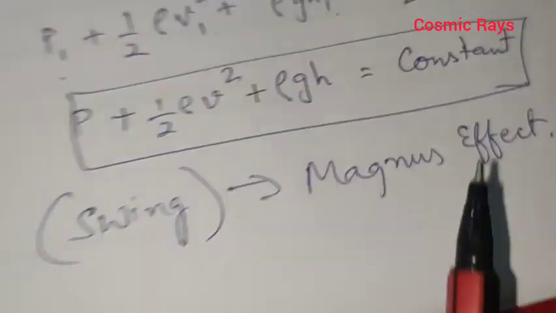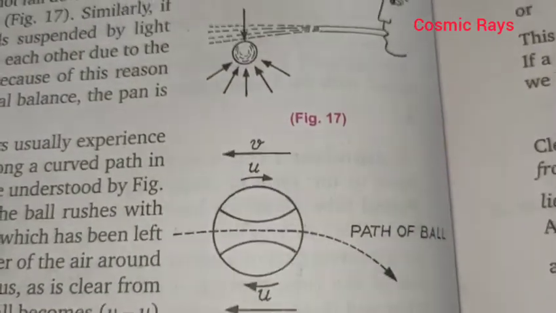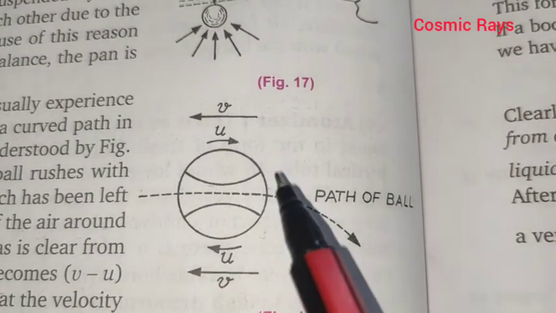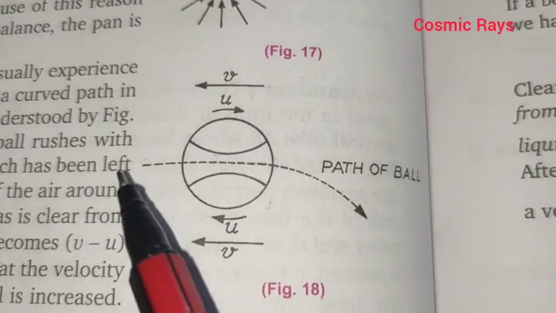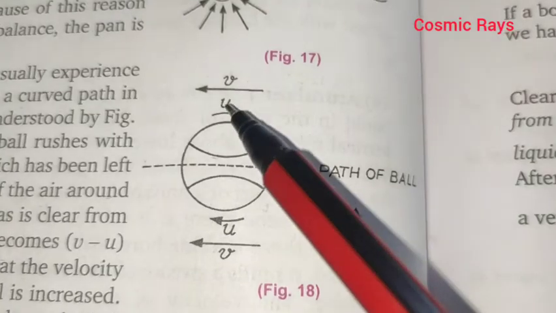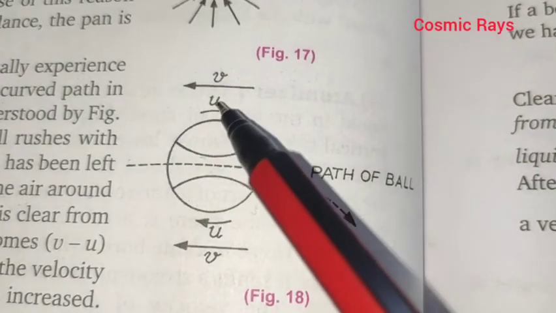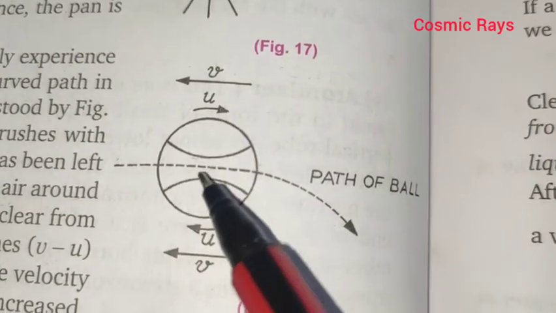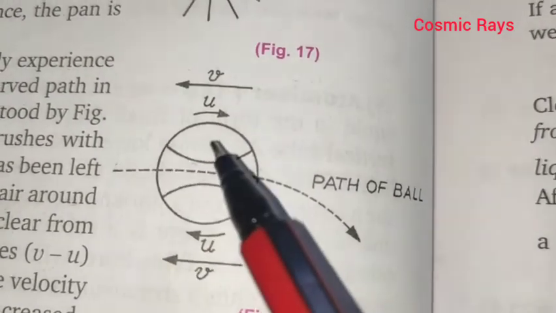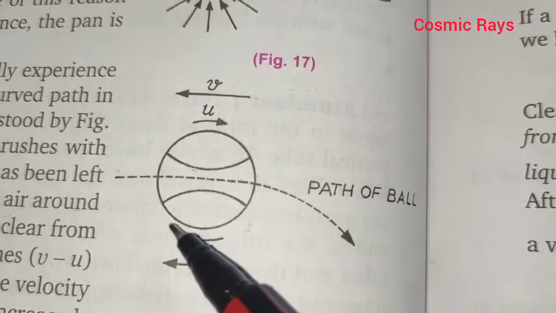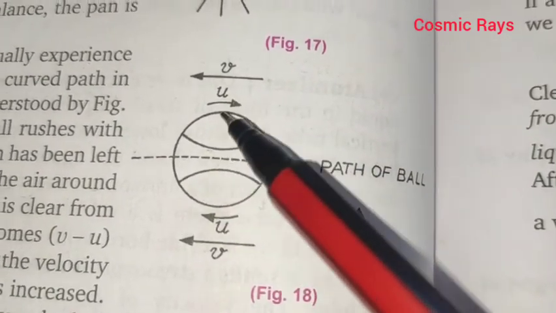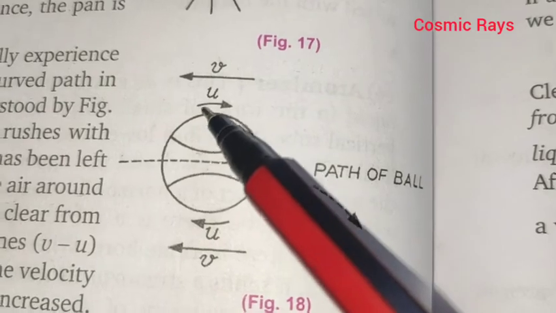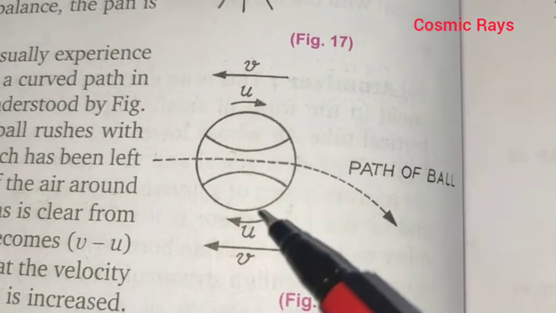What happens is when the ball, which is having a very high speed, covers a distance, then the air around the ball also acquires a velocity with the ball. That is, here you can see that the ball is rotating, and the air around the ball, very near to the ball, has acquired velocity u.